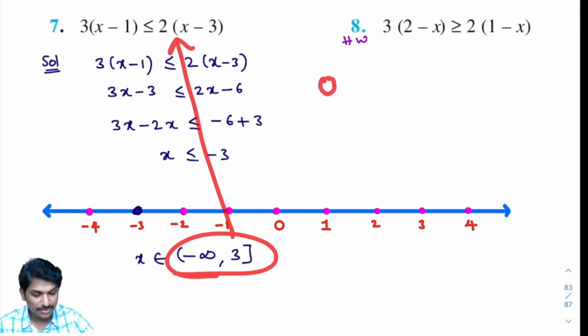Left hand side part will become 0, less than or equal to 2 into, in place of x you put 1, so 1 minus 3. 1 minus 3 is what? Minus 2. What happened here?